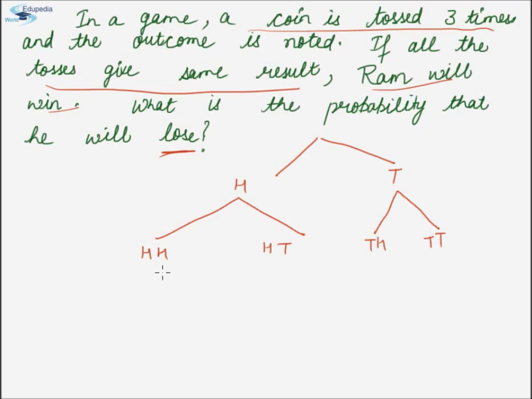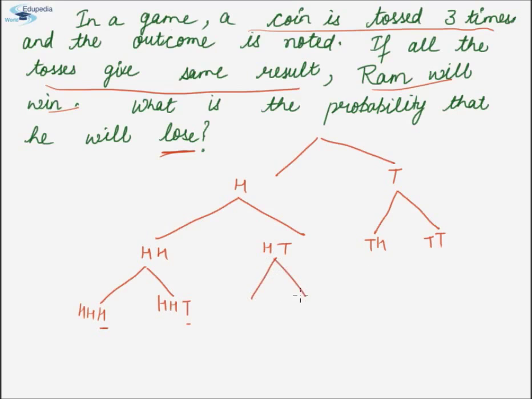Now if the coin is again tossed, then we can have an outcome that first 2 were heads and now we are having head, or the first 2 were heads, now we are having tail. That is again heads and tail for each of these outcomes.